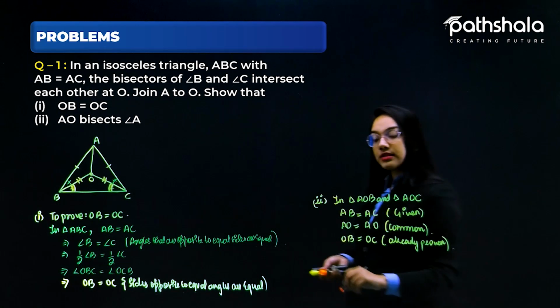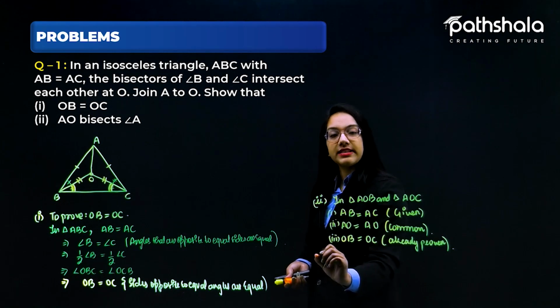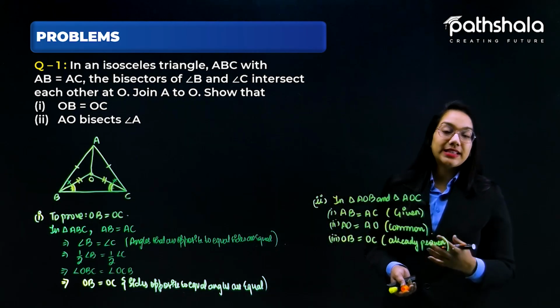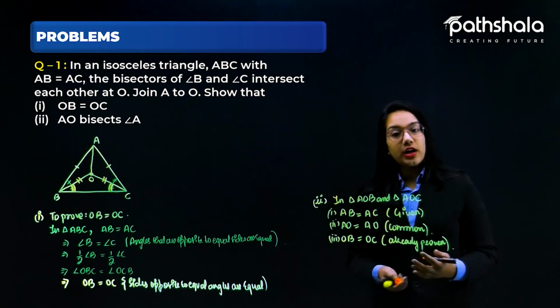Hence from the first, second and third, if three sides are equal to three sides of the other triangle, then by the SSS congruence criteria these two triangles are congruent to each other.